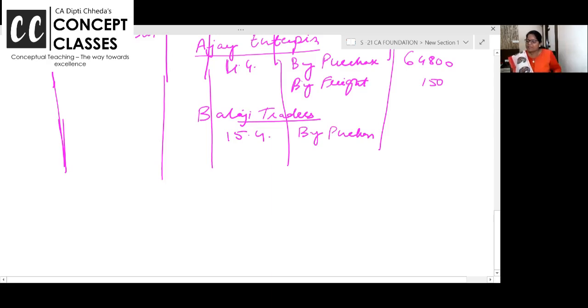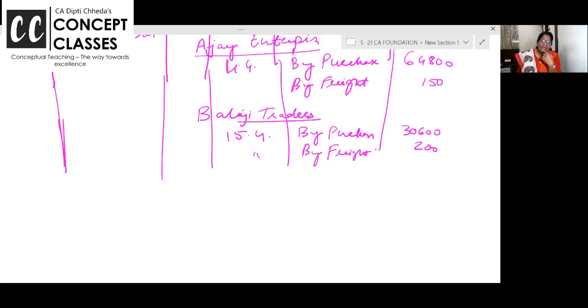Purchase I will debit and I will credit the party now only. 30,600. And 200 rupees on the same day, I will debit in the freight account and credit. Purchase account debit, freight account debit to Balaji. Balaji, you should pay me 3,800, no Balaji? Why? Sorry, I should pay with purchases, sorry. So I have to pay 3,800 to Balaji.